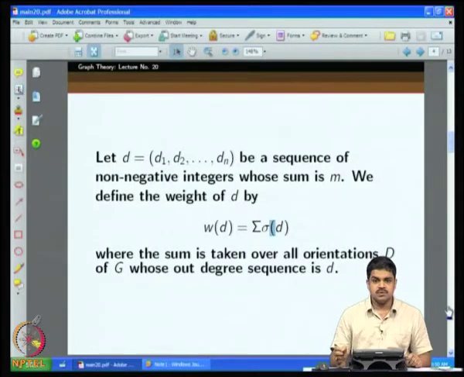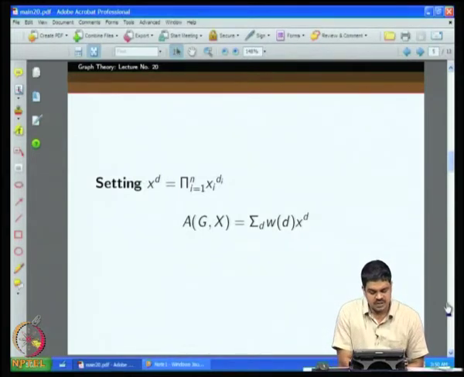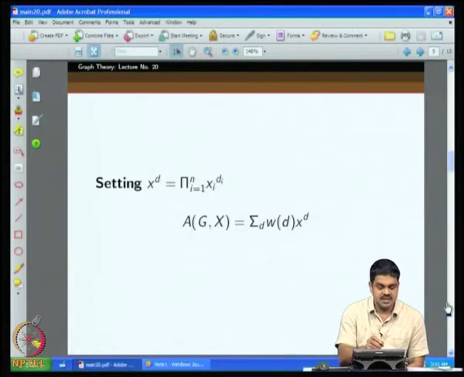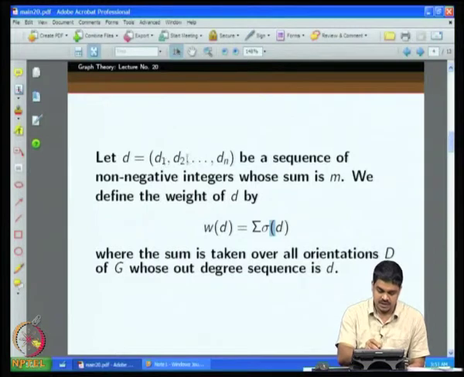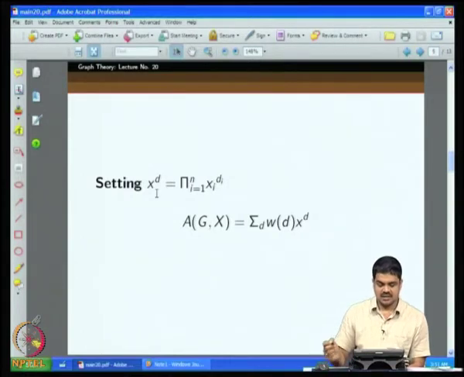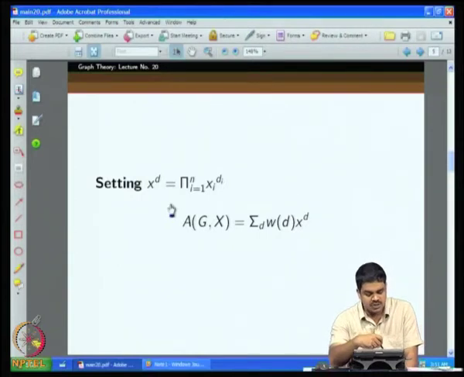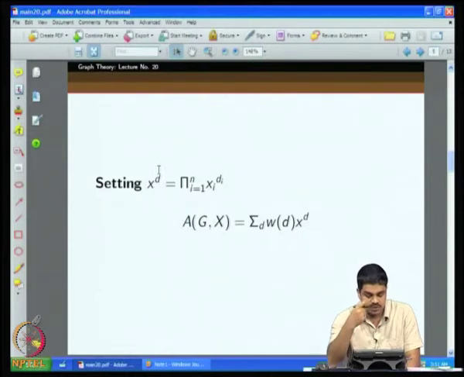Now, the next thing is to say that, for instance, you can say x raised to d, d being a degree sequence, d is essentially d1, d2, dn, and x is the n-tuple of variables x1, x2, x3. That is a short form of a monomial, in fact, x1 raised to d1, x2 raised to d2, x3 raised to d3, xn raised to dn.